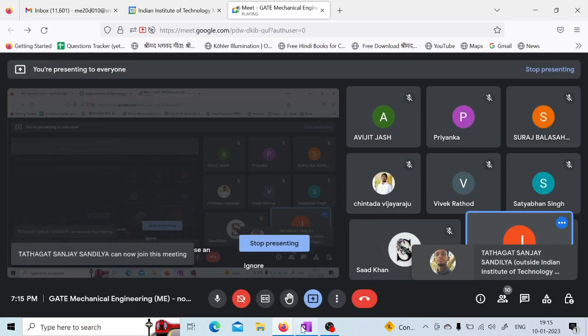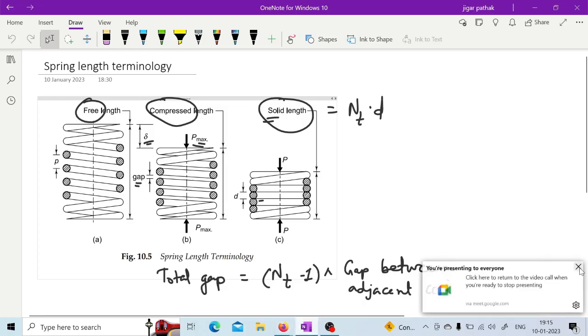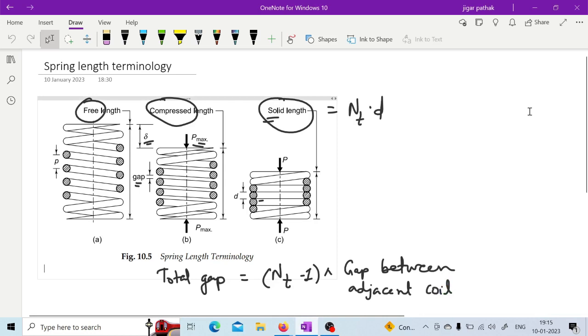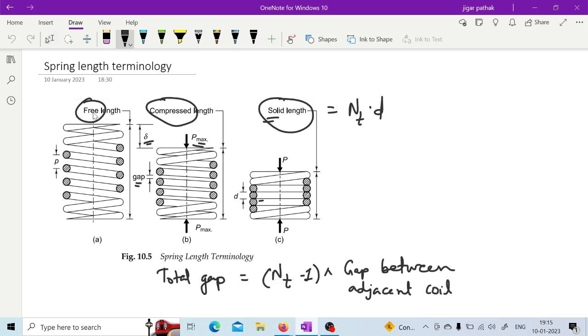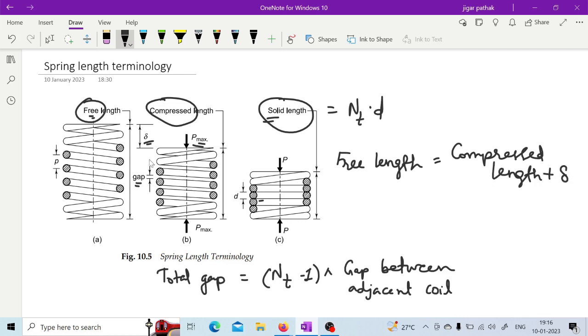Here, in case of this length terminology, the final thing is the free length. As I just told you, the free length can be represented as the compressed length plus delta. As you can see here, this is the compressed length and this is delta.